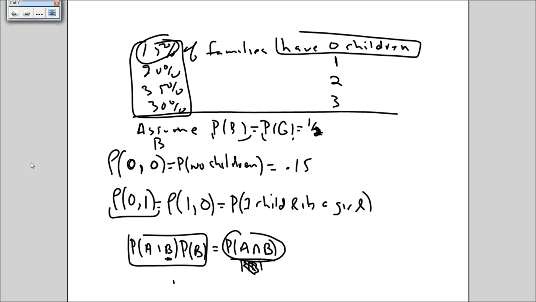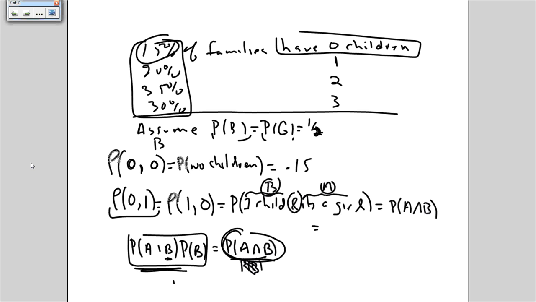Now, intersections as well as unions actually commute. That is, A intersect B is the same as B intersect A. I want to call that A and that B. So this is nothing more than the probability of B intersect A, or the probability of A intersect B. But I know what that is.